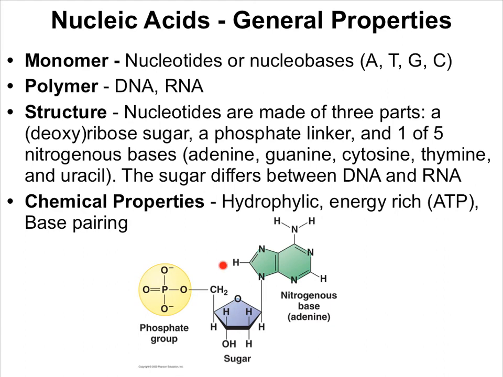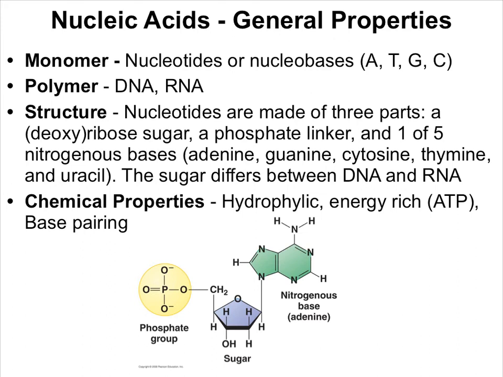And they have one of 5 different what are called nitrogenous bases. DNA has 4 nitrogenous bases that it uses, and those are A, T, G, and C, which stand for adenine, thymine, guanine, and cytosine.